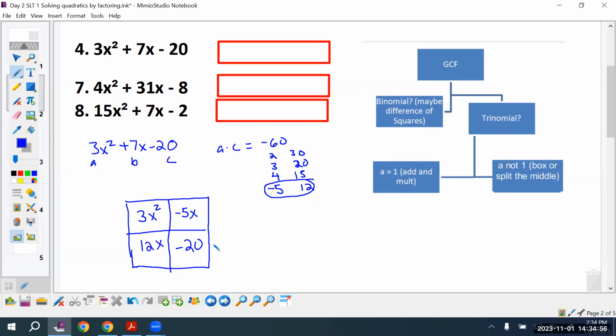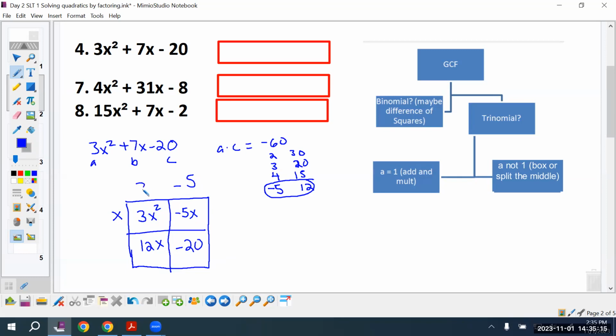I want to pick a prime number to start with. So either I'm going to pick the 3 or the 5. It does not matter. I'll pick the 5 because I see these 2 negatives lined up. That tells me this number has to be negative. I'll put the 5 here. I can't put the x here because the 20 doesn't have the x, so the x will go here. X times negative 5 is negative 5x.